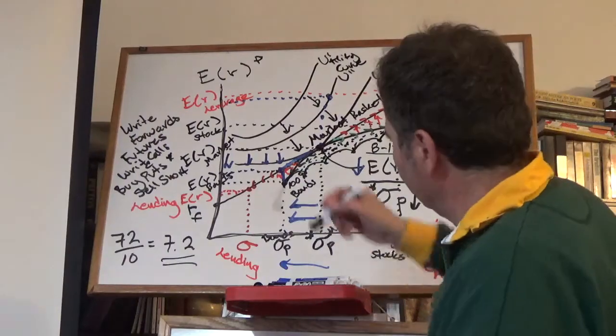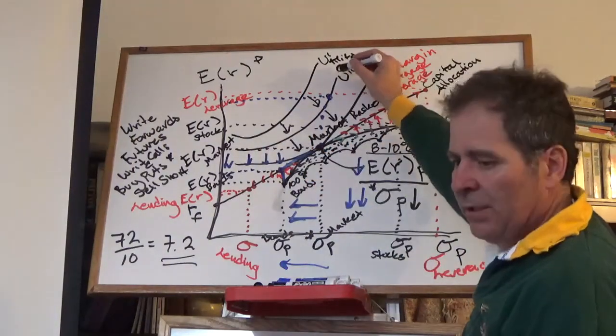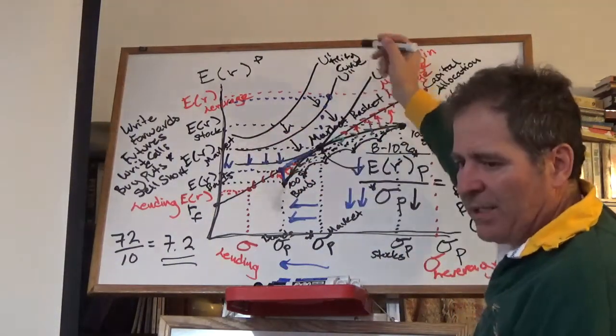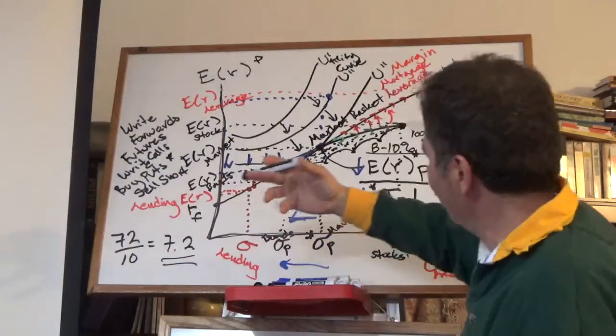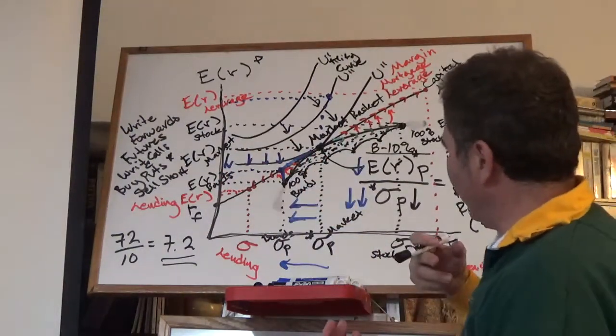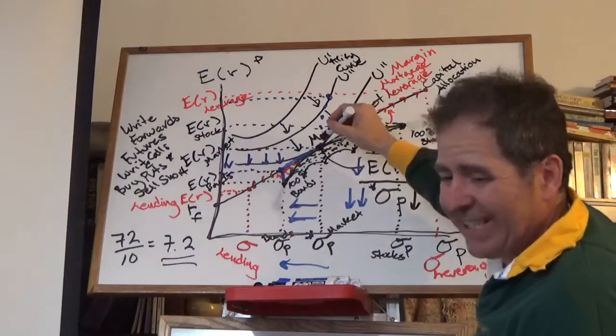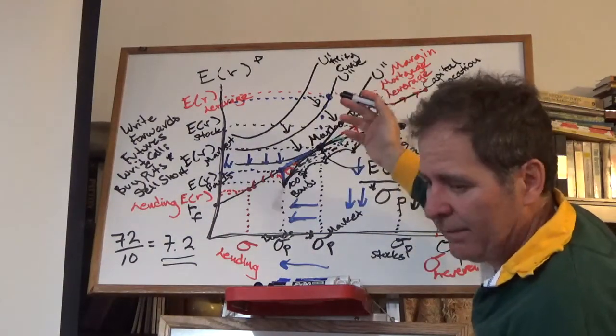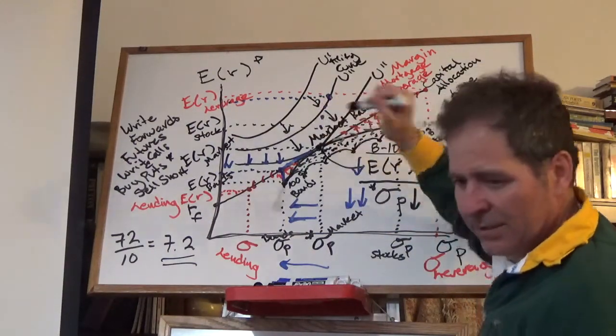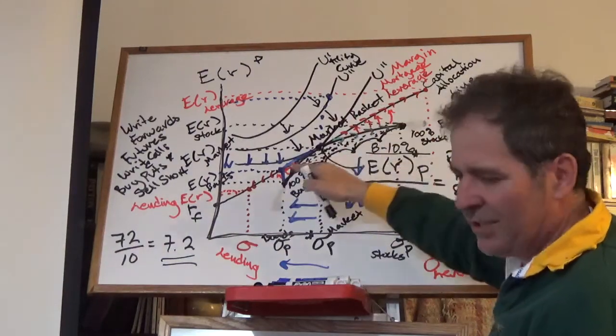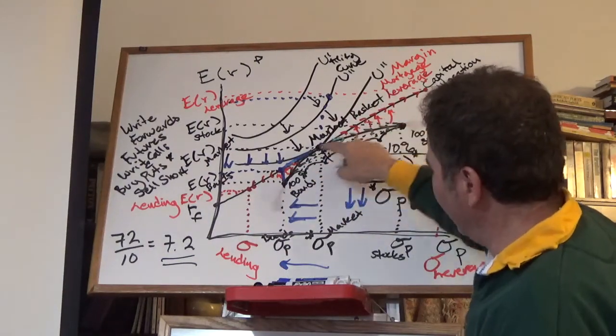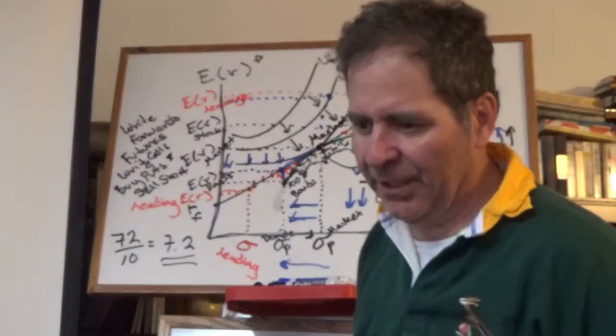So they have to lower their expectations, their utility, to the point where their utility curve is tangent to the capital allocation line and tangent to the Efficient Frontier.